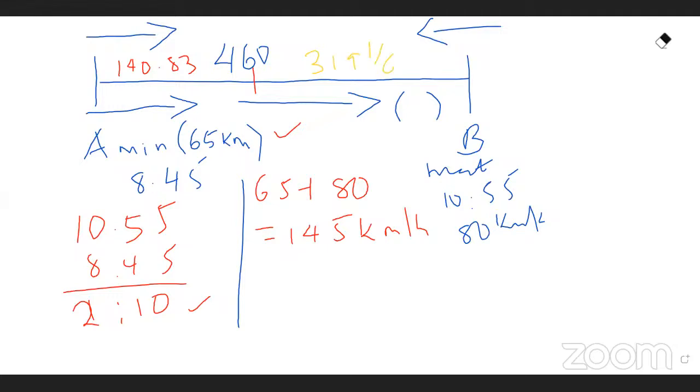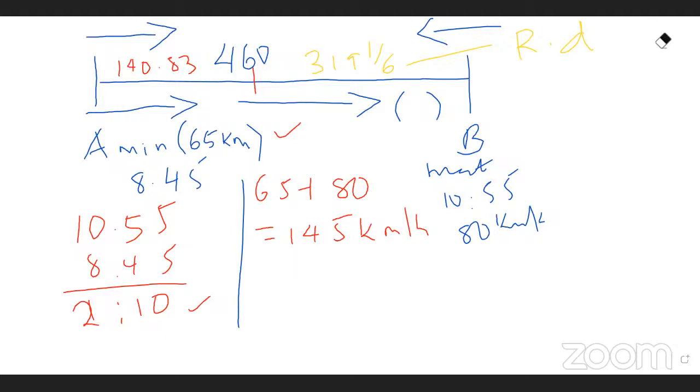Now, this 319 and 1 over 6 is what we call the relative distance. That will be our relative distance, the distance between the two vehicles when they are both moving.